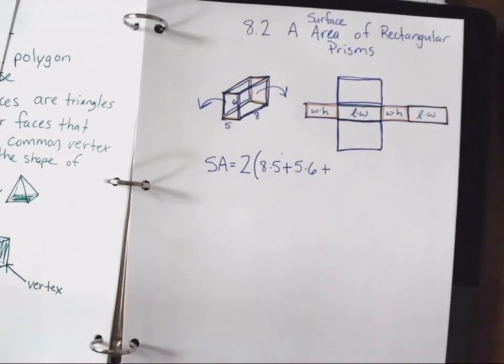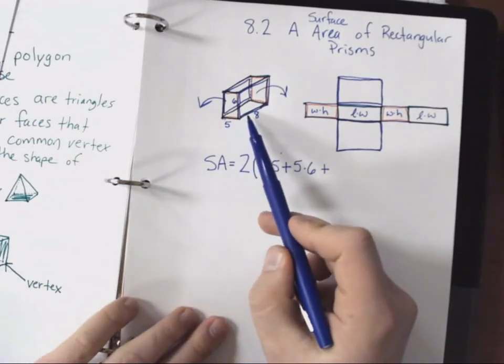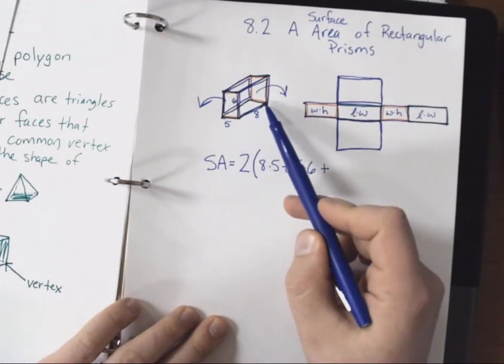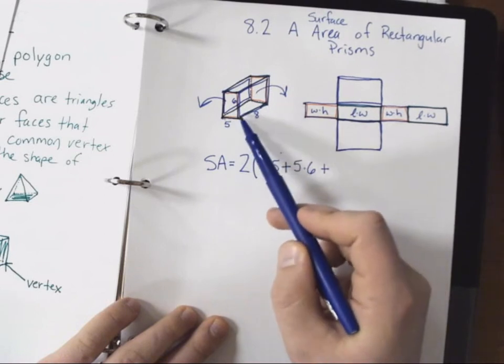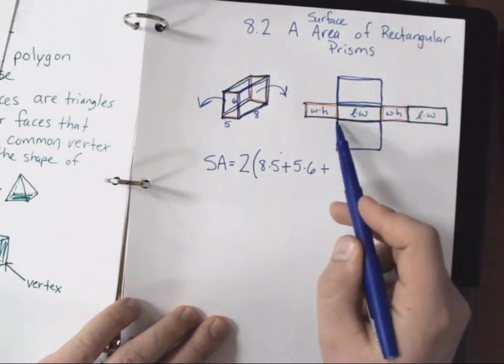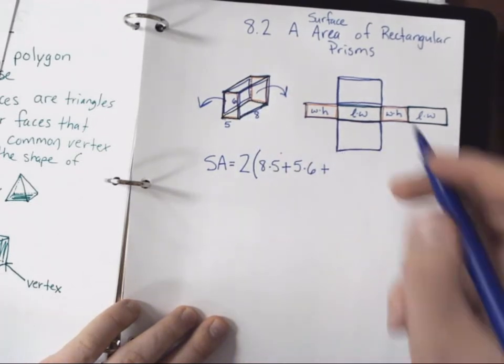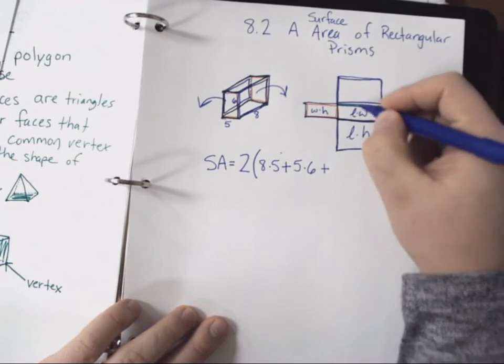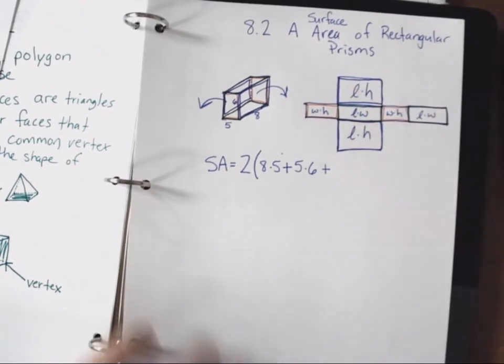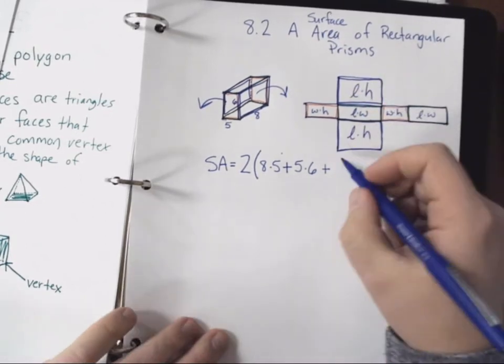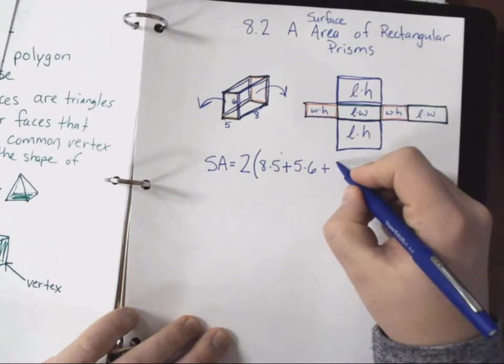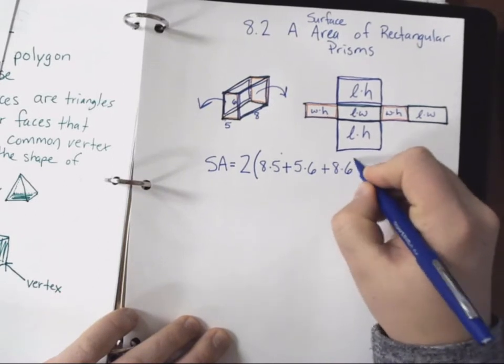Plus our last combination that we have not used is going to be for our two sides, which is represented by the length times the height. So if we have length times height here, we would have 8 times 6.